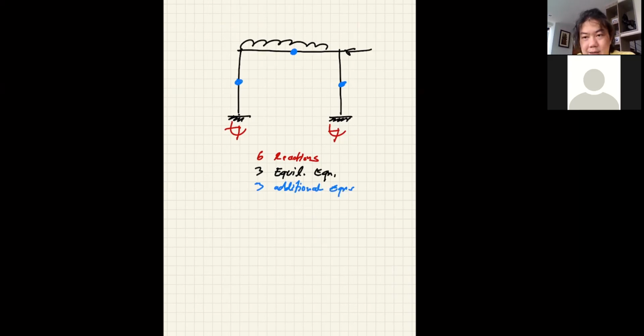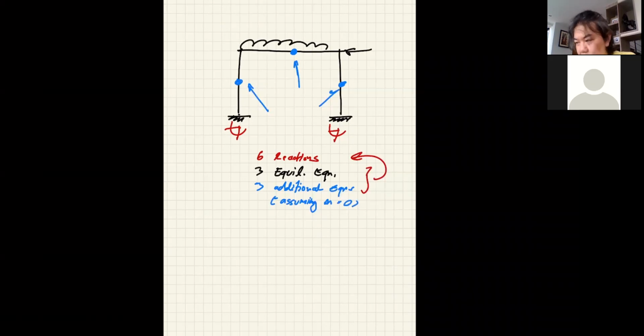I know that the moment at this location is 0, so I can take advantage of my assumption, go to this location, cut the free body diagram, and solve for the unknowns. Because I now have 6 equations, just like the 6 reactions, my assumptions can turn this indeterminate structure into a determinate one.